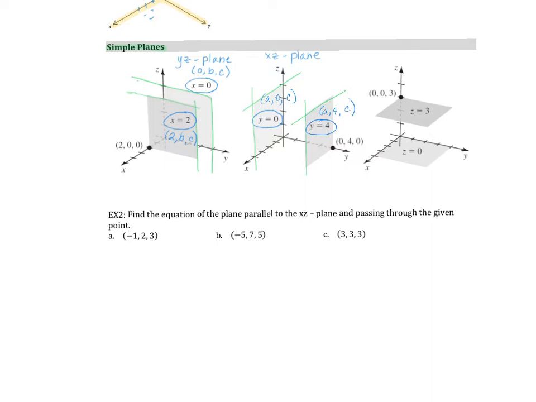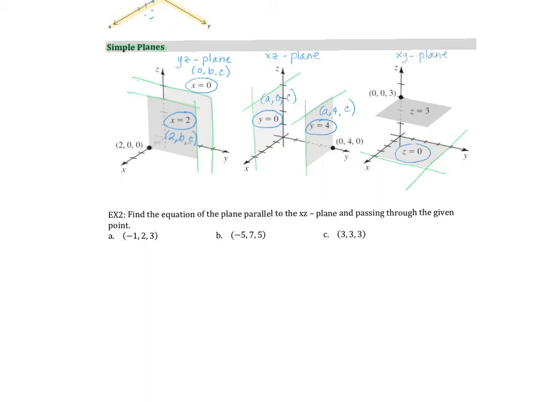And then our last simple plane that we're going to look at would be z = 0. It crosses through the x and y axes, so this would be the xy-plane.